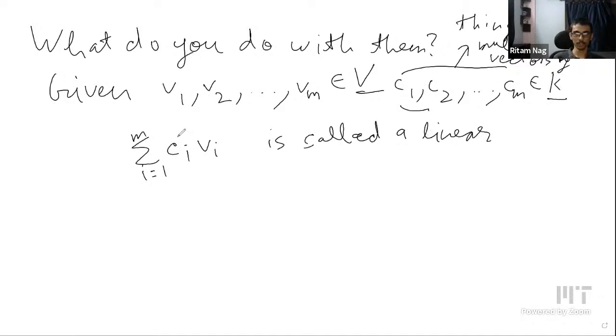That's the best way to think of them. And these sums, c_i v_i, are called linear combinations. This is called a linear combination of V1 to Vm.